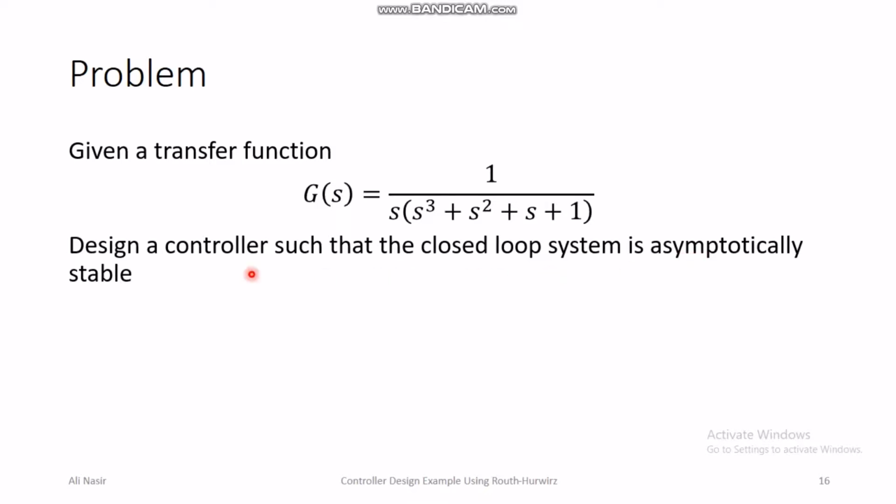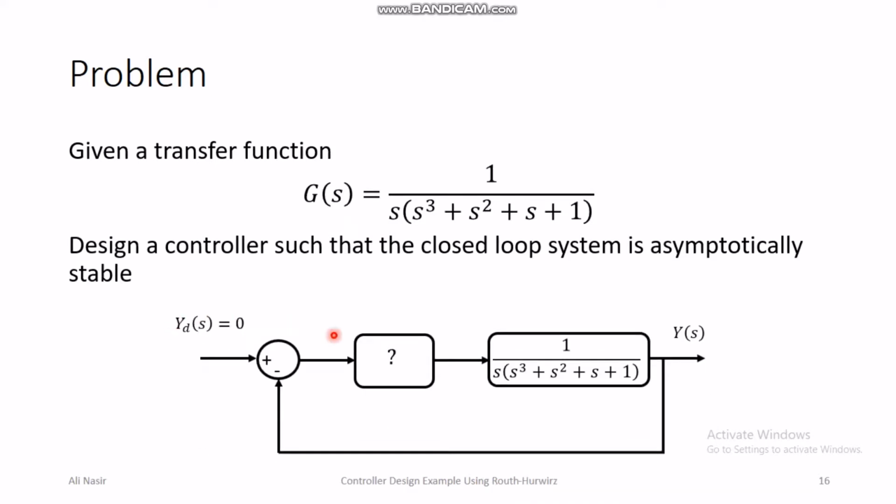So we want this system to be closed loop asymptotically stable. You can see that this system cannot be closed loop stable because there is a pole at s equal to 0. So there is a pole on the j omega axis, so we need to design a controller for the system so that the feedback system is asymptotically stable.